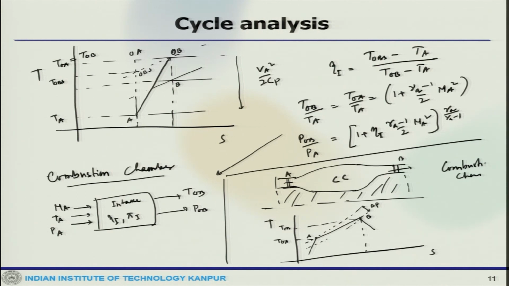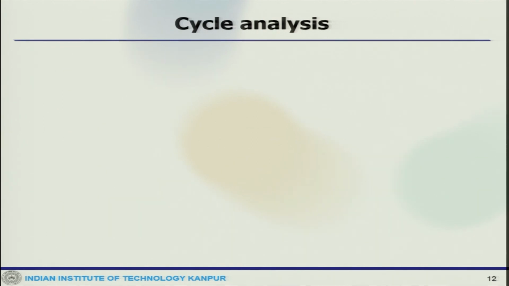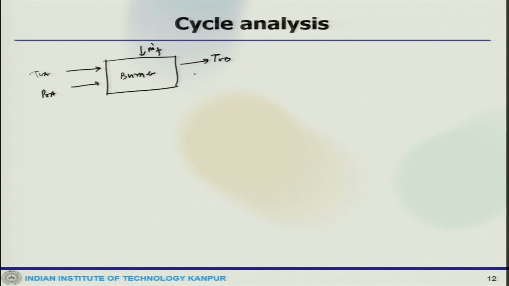Now, the block diagram for the combustion chamber could be like this. This is the burner, let us say. What comes in? T naught A, P naught A, and m dot F, and what goes out is T naught B, P naught B. Here A is always inlet, B is outlet.